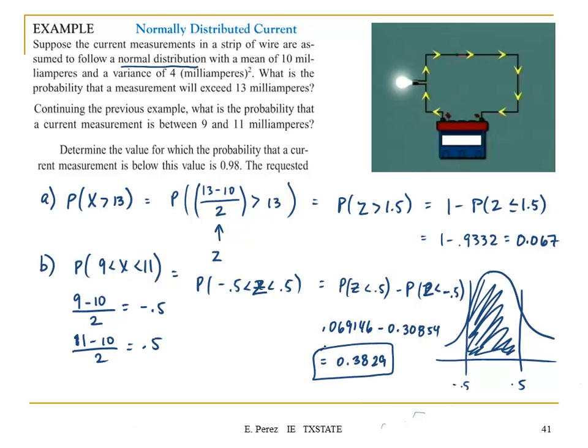So the probability of having a current within 9 and 11 is almost 40%. If that's good for your circuit, then you're doing fine. If it is not, then you're going to have to revise your components or your specification. Okay? Questions?